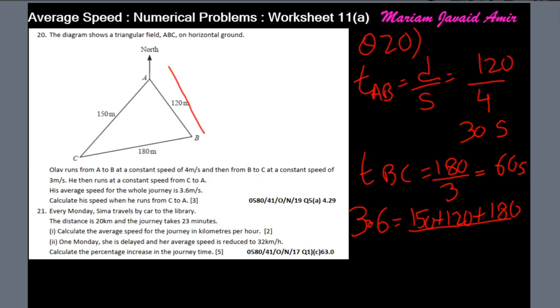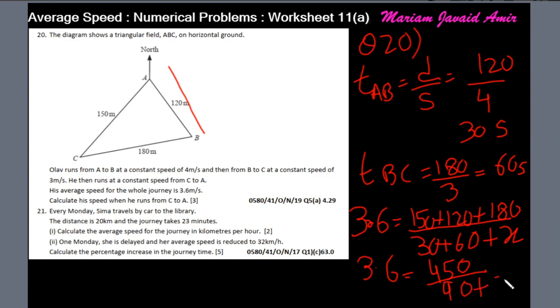I have the time for the first and second parts of the journey, but I don't have the time for the third part. Let's find that. Now I'll apply algebra and find x. 150 plus 120 plus 180 gives me 450 over 90 plus x.